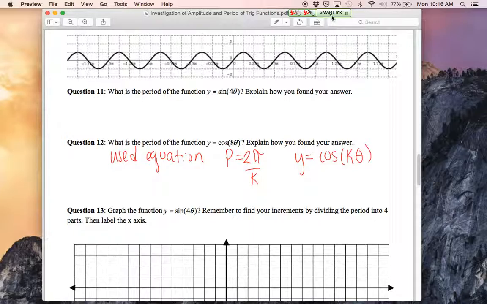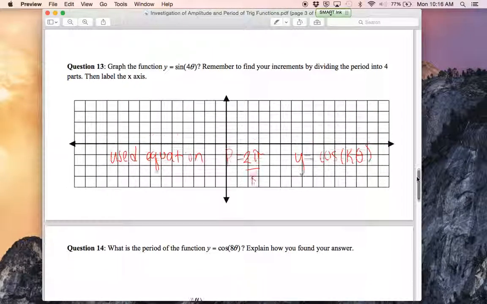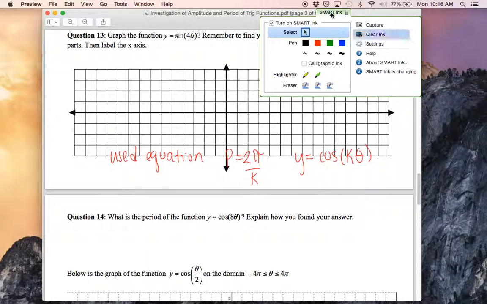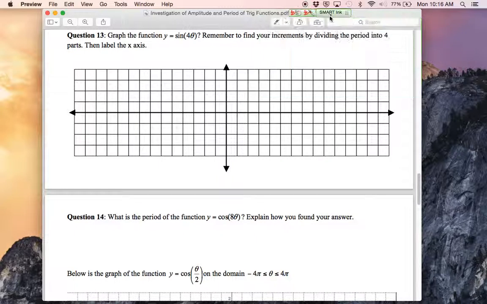Okay, k is the value in front of theta. So graph this function, sine 4 theta. Remember to find your increments by dividing the period into 4 parts, then label the axis. So I'm going to find my period. Period equals 2 pi over 4, which is pi over 2.